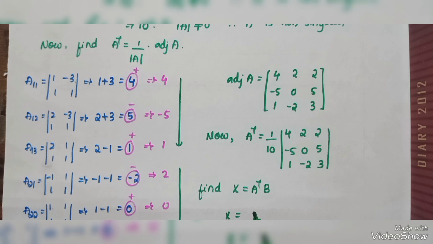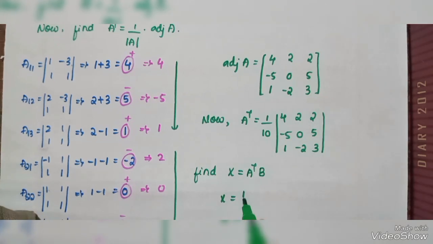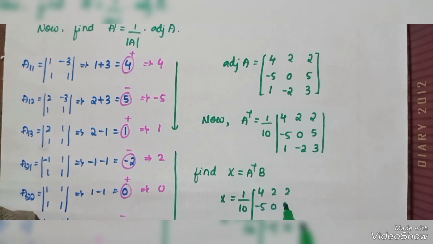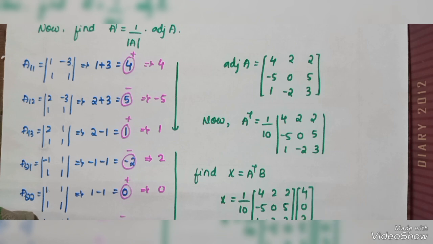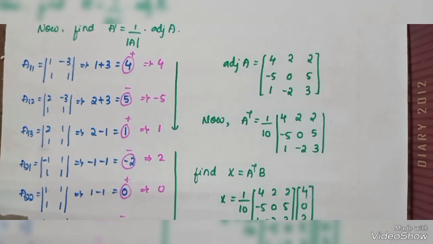A inverse, that is 1 by 10 into 4 2 2 minus 5 0 5 1 minus 2 3, and B matrix 4 0 2. Now take the multiplication row by column.